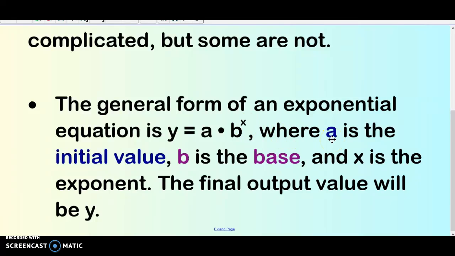A represents your initial value, which is the starting value. B is the base, which is basically going to be the amount or the rate at which something is changing by, and x is going to be the exponent that represents the number of times something is changing. And the final output value will be y.